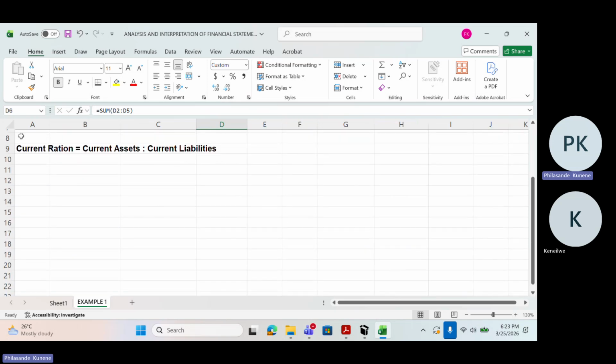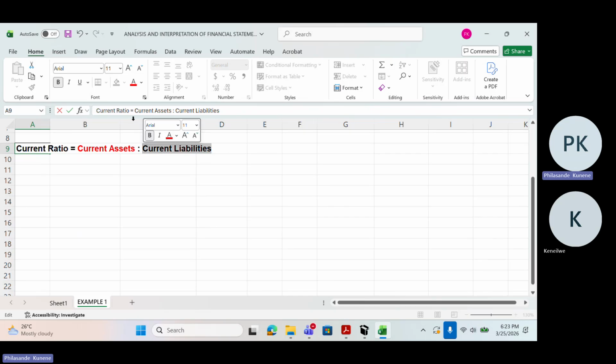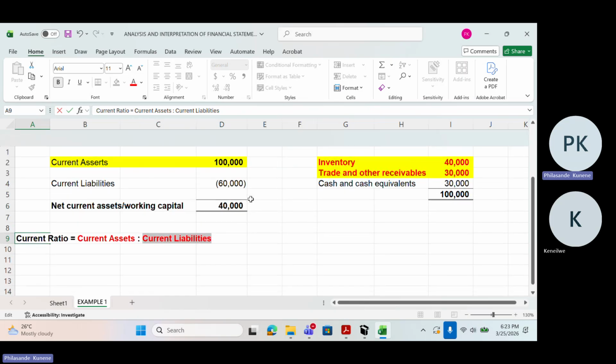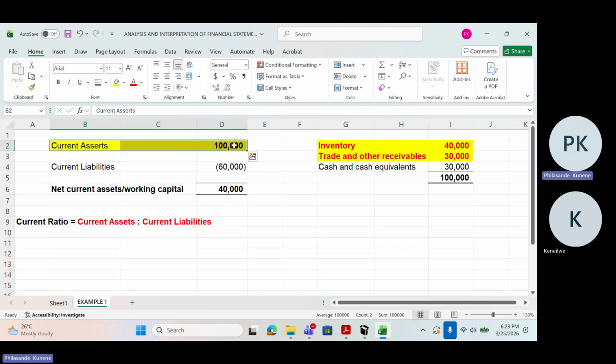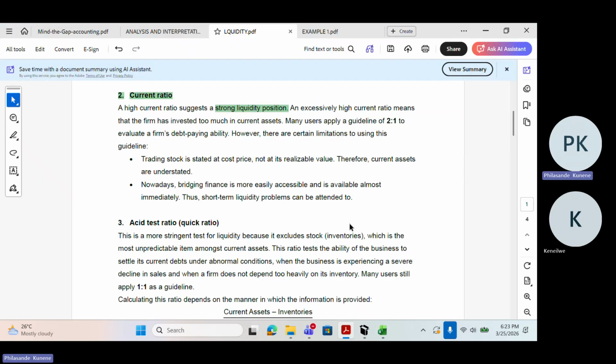That's what we're trying to compare here. So we want to know how much of current assets we have and how much of current liabilities we have. And also we want to know that our current assets can help us to pay our current liabilities. That is the question that we're always asking ourselves.